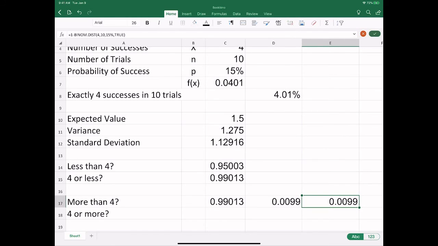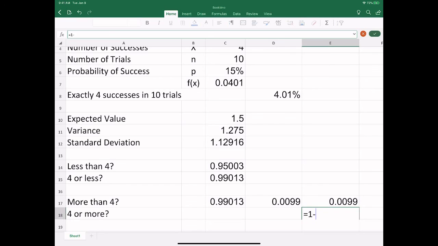If I want to do 4 or more, again, I could say equal 1 minus 4 or more, which means that more than 4 was 5, 6, 7, 8.